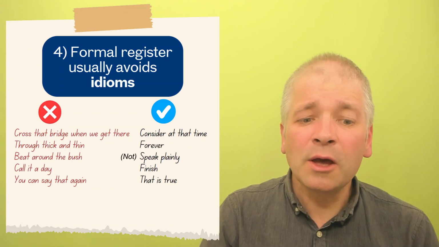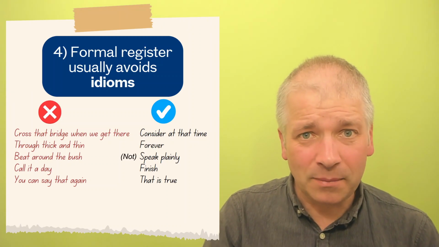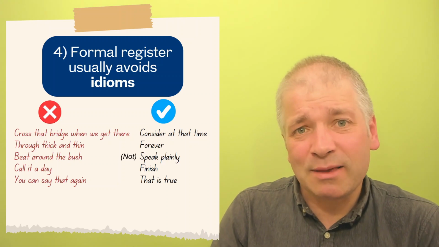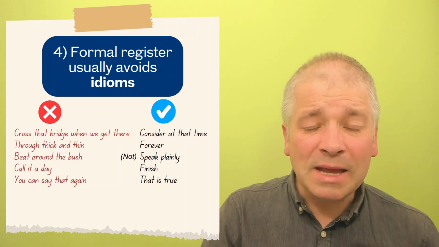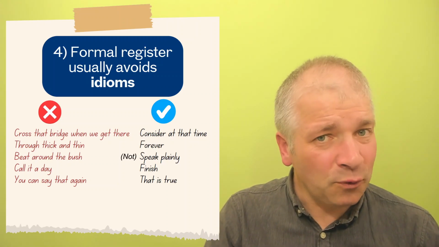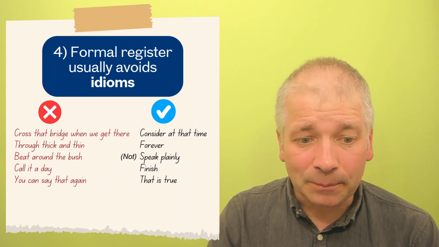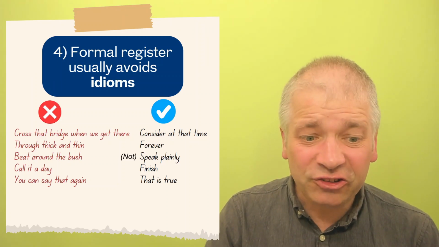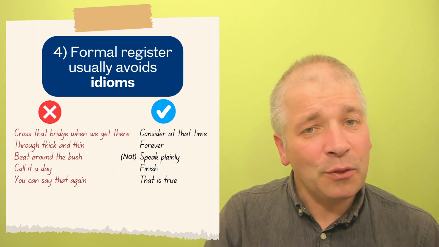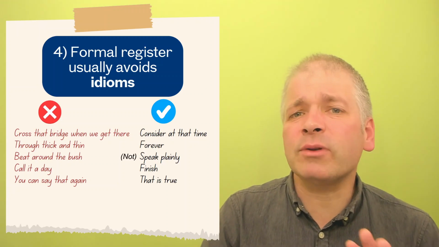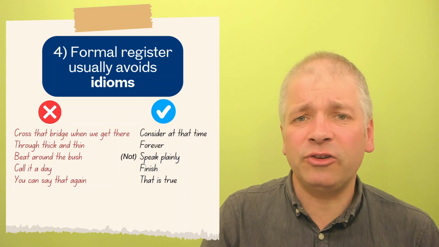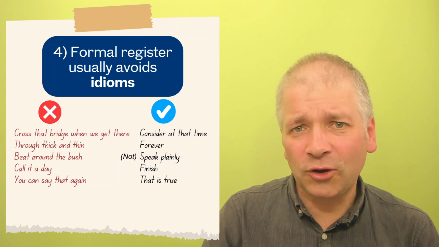Other examples, through thick and thin is an idiom. More formally, we could simply say forever. Beat around the bush could be made more formal by saying speak plainly. Call it a day, finish. You can say that again, that is true. There are hundreds and hundreds of idioms in English, and they all have formal alternatives.